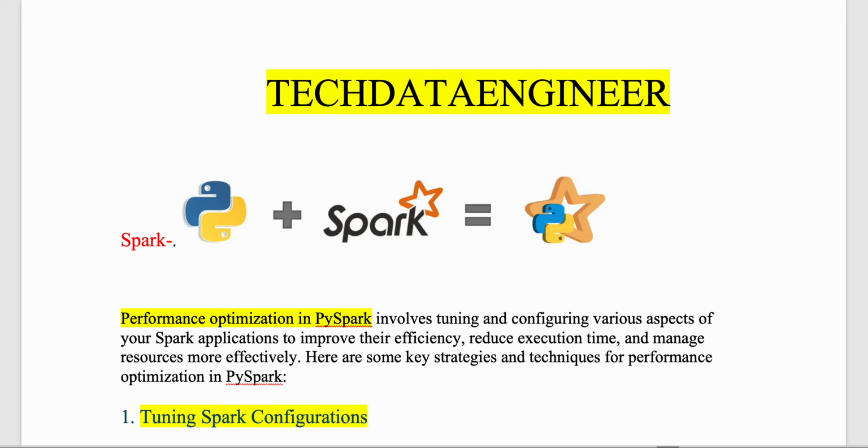These types of scenarios happen when you do not balance your resources or your data. So we will see certain parameters, and based on those parameters we can optimize our work.